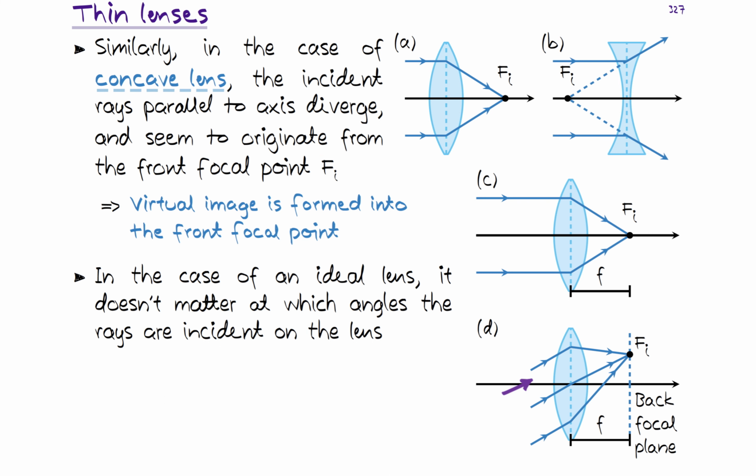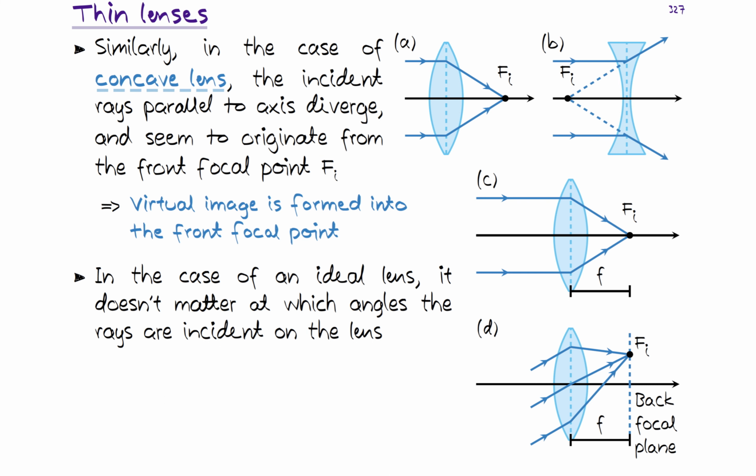And if you have a parallel bunch of rays propagating at a different angle, they would focus down into the same plane. This plane is known as the back focal plane. This is the assumption that arises because we are implicitly assuming the paraxial approximation to hold here.